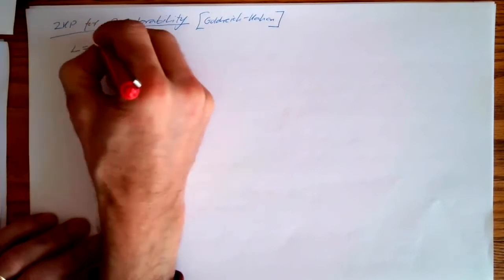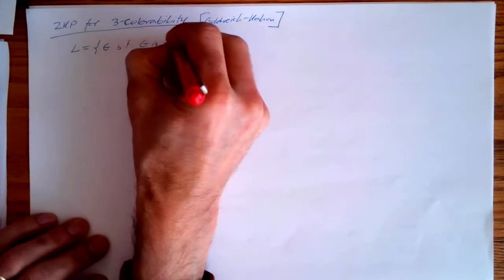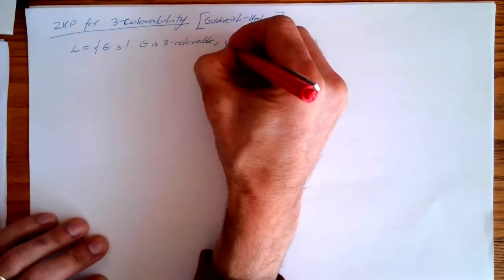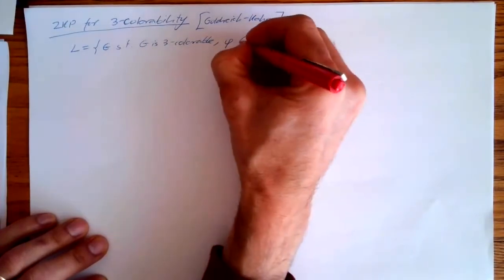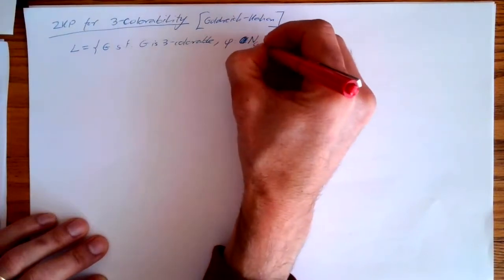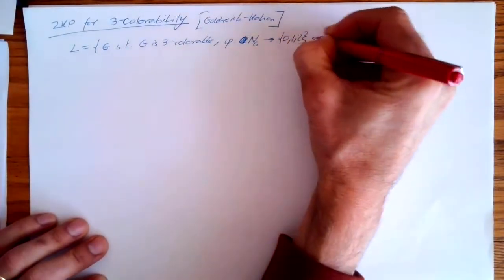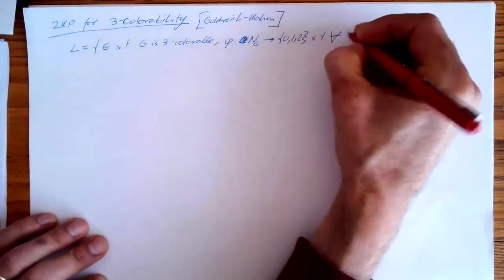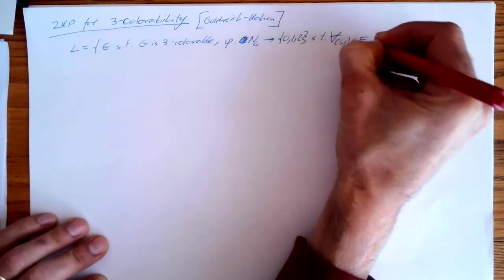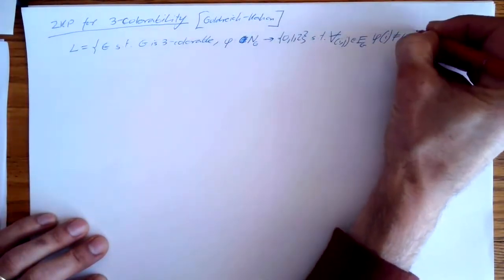So the language is of graphs G such that G is tricolorable, i.e., there is a labeling of the graph nodes to three colors, 0, 1, 2, such that for all ij which are edges in the graph, phi of i is not phi of j.